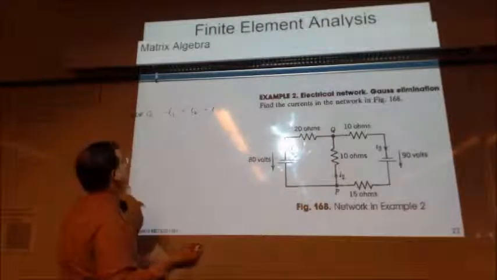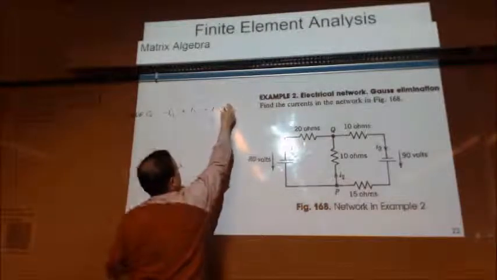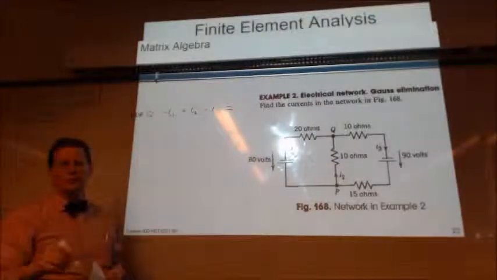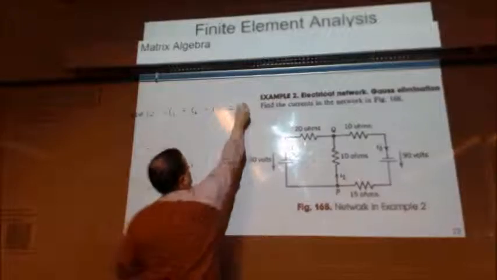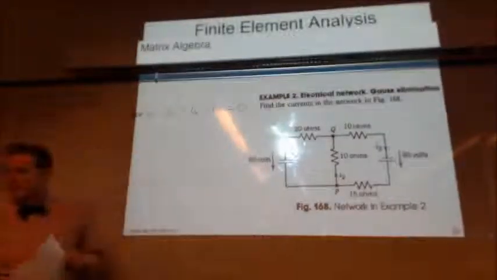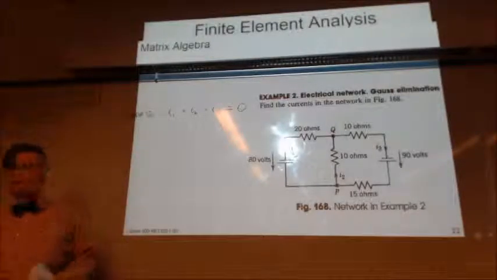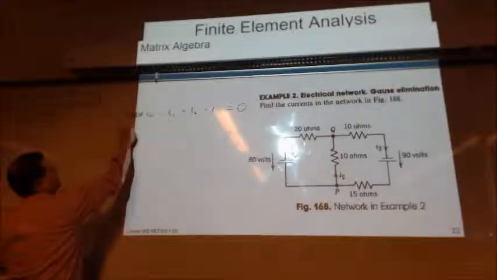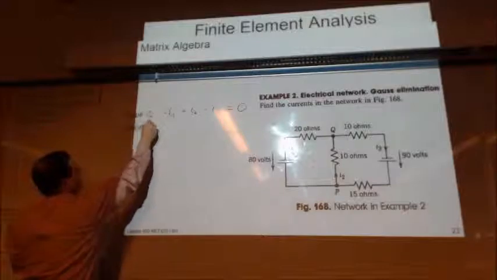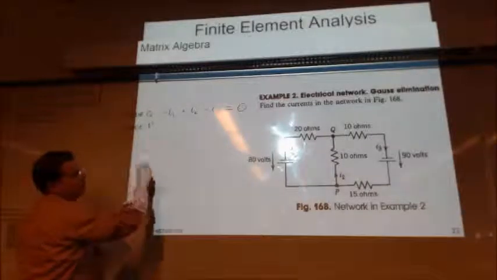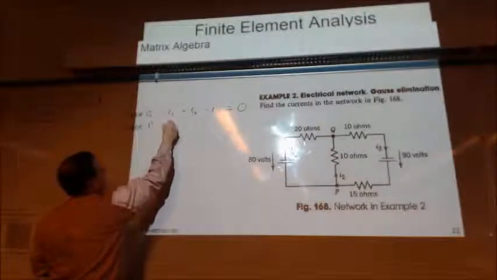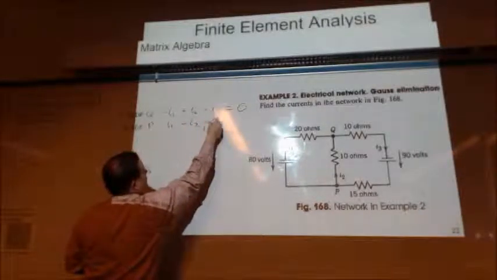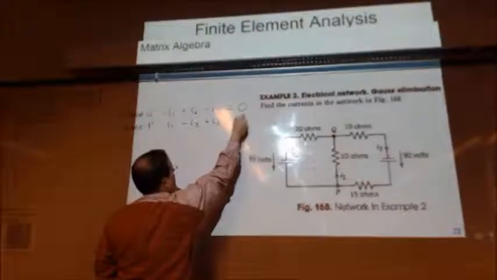And that has to sum to 0, right? Whatever's going out, it's got to come in, right? That's the definition of conservation. So let's do node P. So what do we got? I1 is plus, minus I2 plus I3, again, equal to 0.